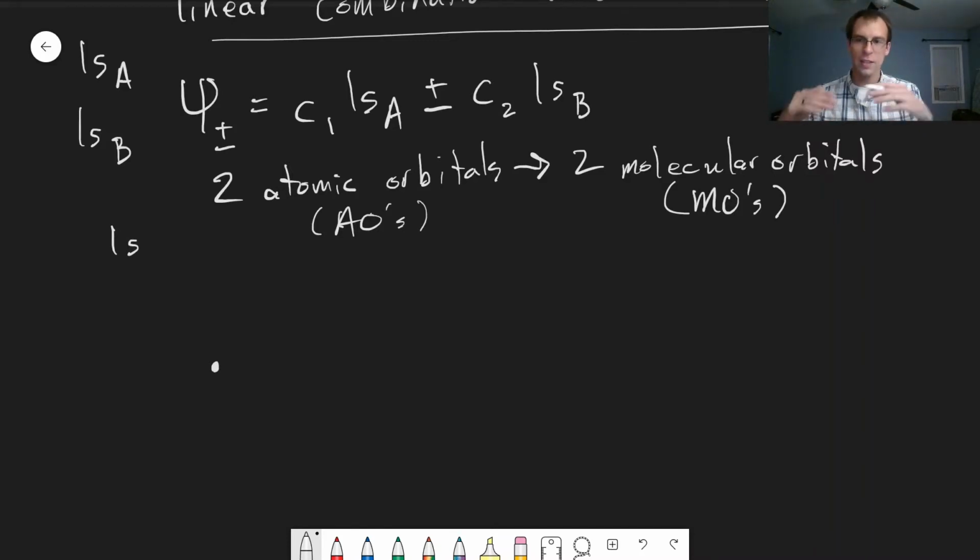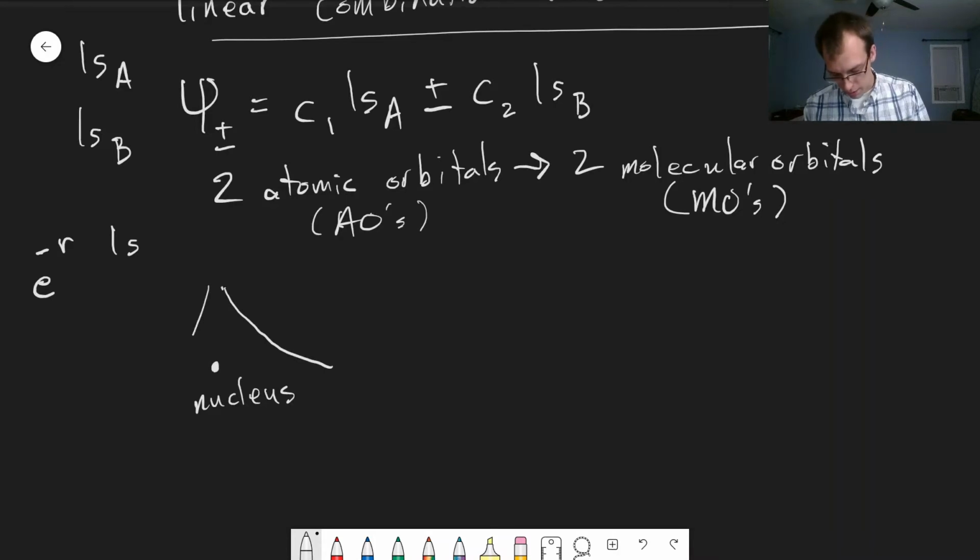If we plot this along one particular axis, of course this is a spherical probability distribution, but a 1s orbital has this e to the minus r term. So if this is our nucleus here, we can plot this as having some value at the nucleus where it's largest, and then we get an exponential term.